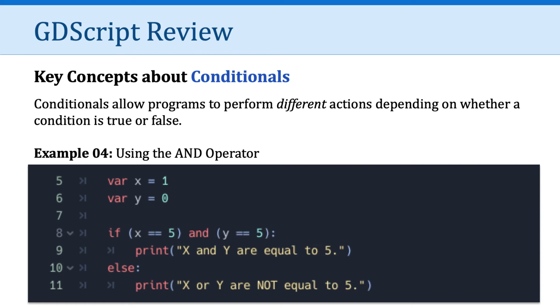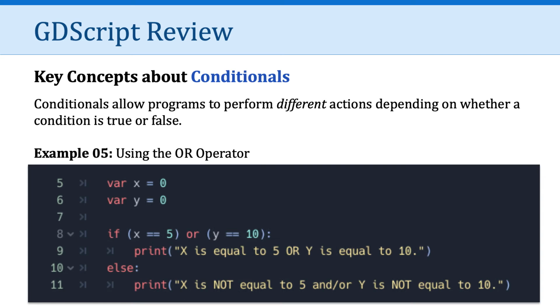Here's another example where we want to check if multiple conditions are true. Take a look at line 8. If x equals 5 and y equals 5, then do something. So we use the AND operator, the keyword AND, A-N-D, to check if both x is equal to 5 and y is equal to 5. That's the AND operator.